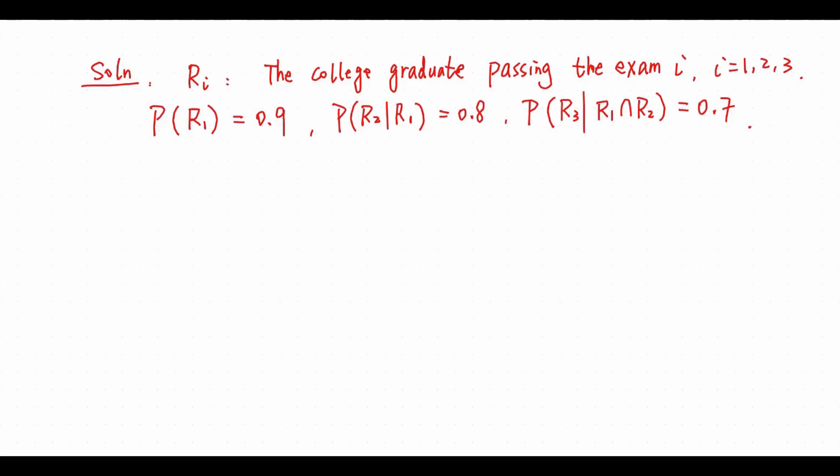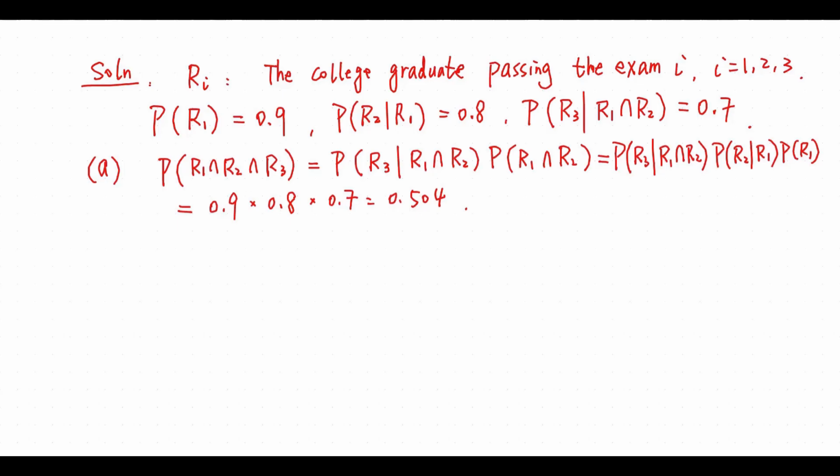If she passed both the first and second exams, the conditional probability she passes exam 3 is 0.7. Then the probability that she passed all 3 exams is given by this one.